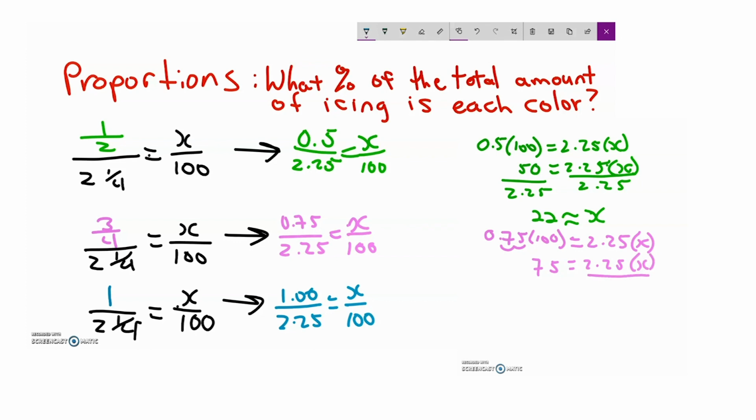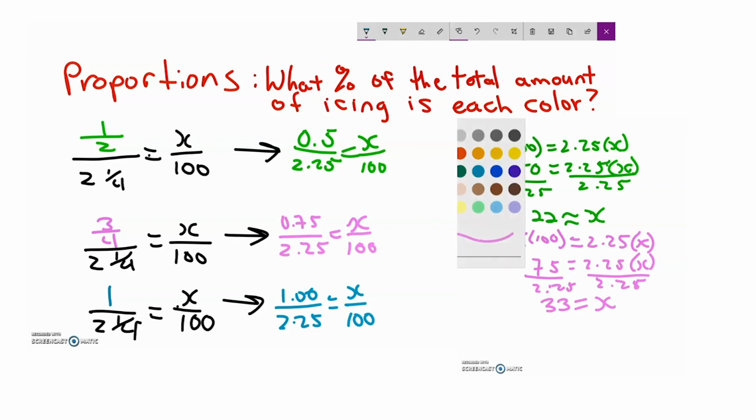Once again dividing both sides by 2.25 to solve for x. We will get approximately 33. 33 equal to x. Now remember, 33 is what is going over 100, so 33 over 100 actually represents 33%.